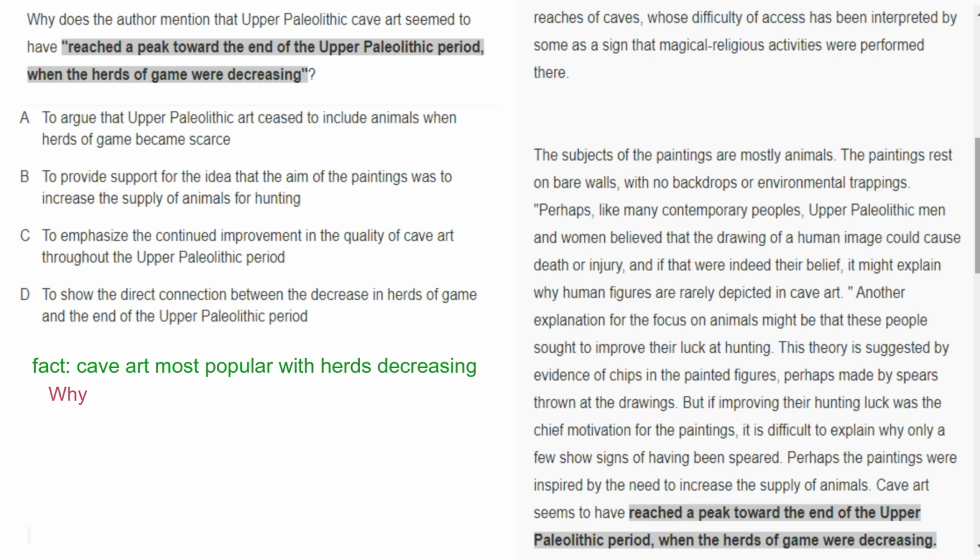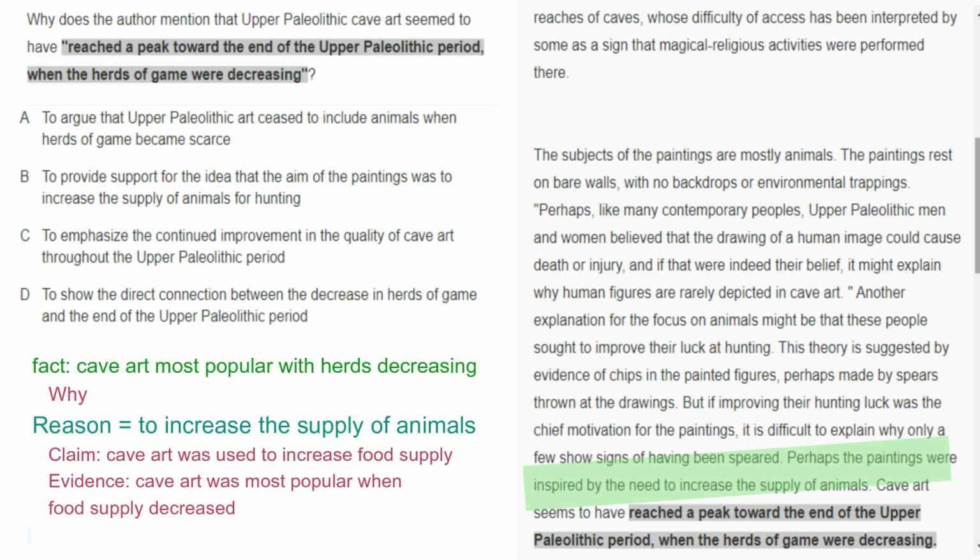A sentence right before says, "Perhaps the paintings were inspired by the need to increase the supply of animals." That is, more paintings when food is scarce. The underlined sentence serves as evidence for this sentence, so the correct option should be explaining the idea: the paintings were inspired by the need to increase the supply of animals.